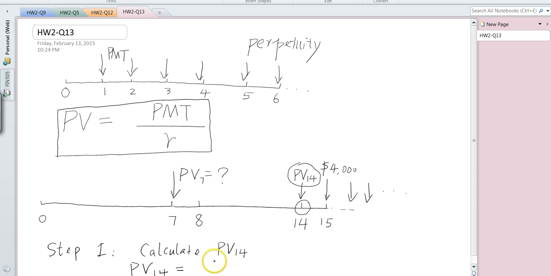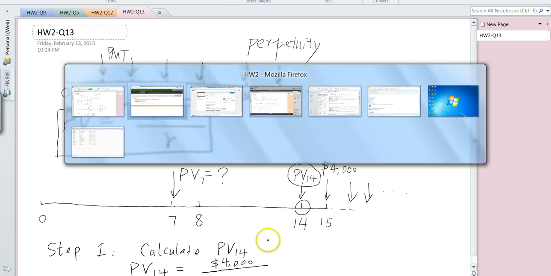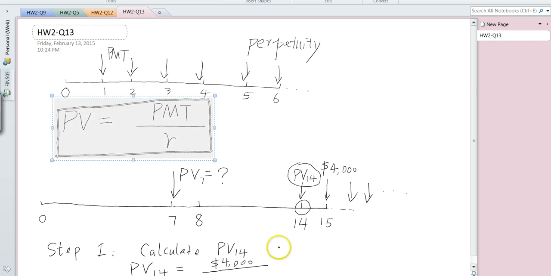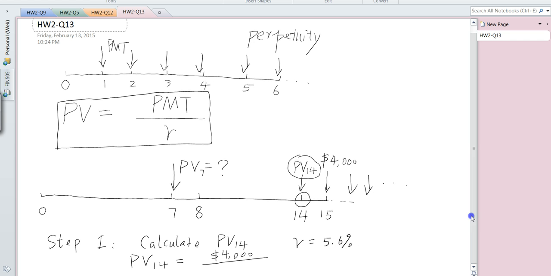So payment, obviously that's 4,000, and the interest rate, what's the interest rate? Interest rate is 5.6%. Okay, so that's based on the setup. Interest rate is 5.6%. So just directly plug in this number.